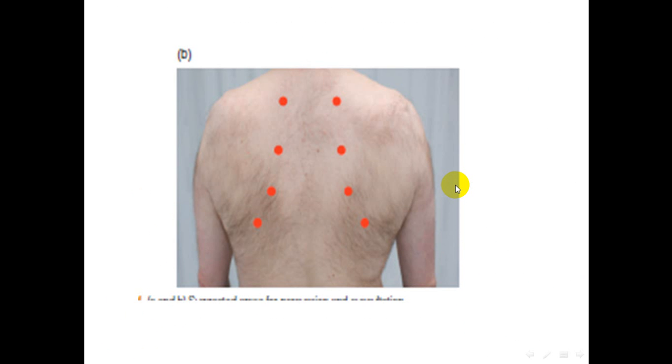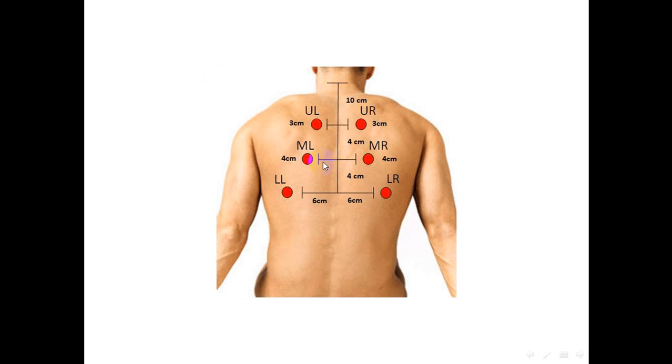From the back, there are four areas of auscultation: upper right, upper left, middle, and lower. During auscultation, go from upper left to upper right, middle left, middle right, and the lower zone near the axilla, the fourth area below the scapula.